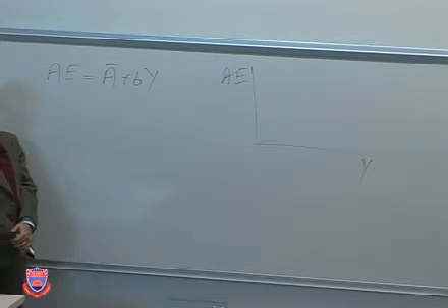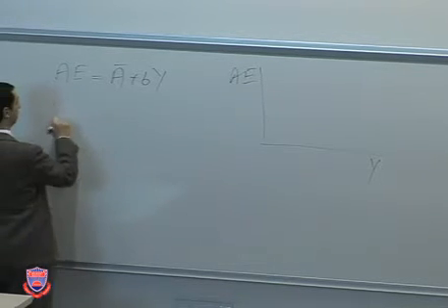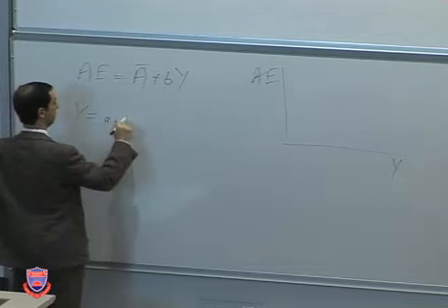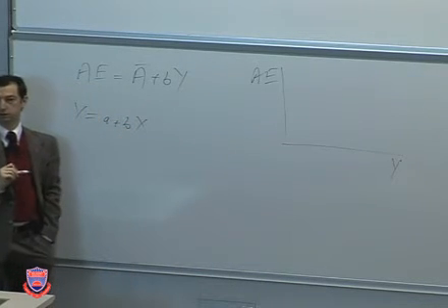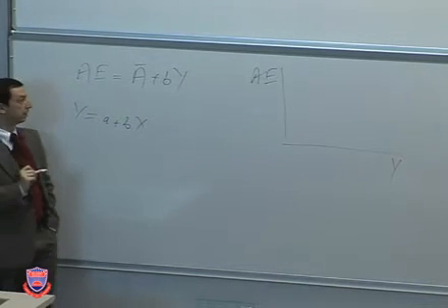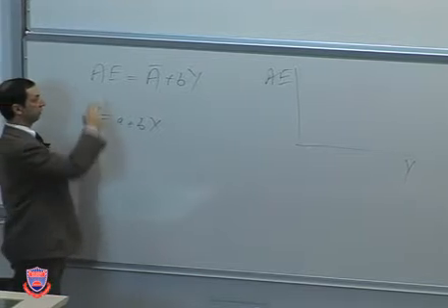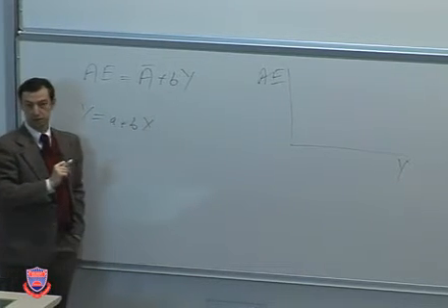If I have something like y equals a plus bx, and I wanted to plot this, could I do this? And if I call them AE and Y, can I still do this?